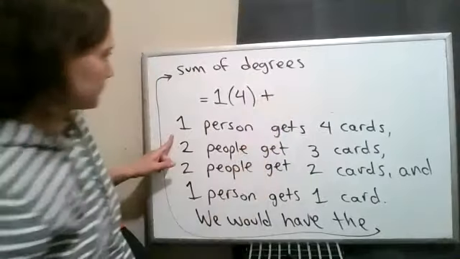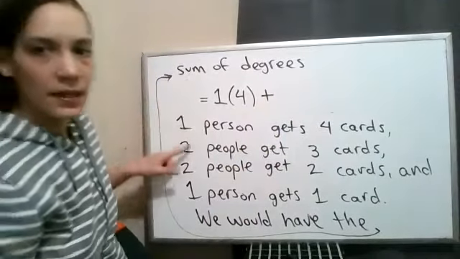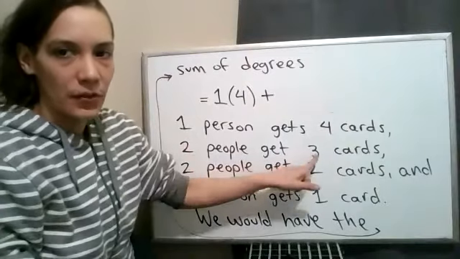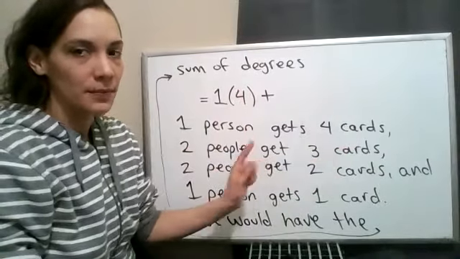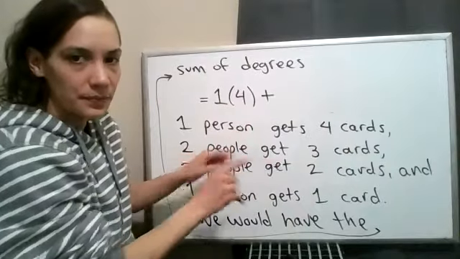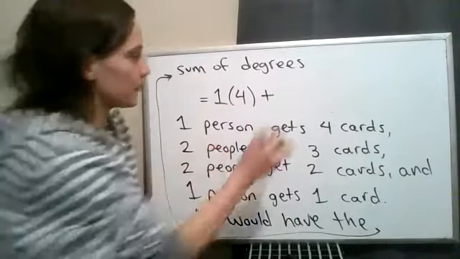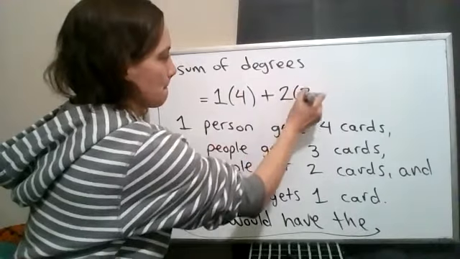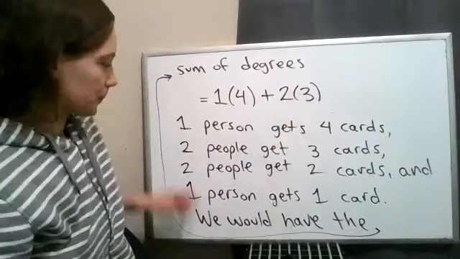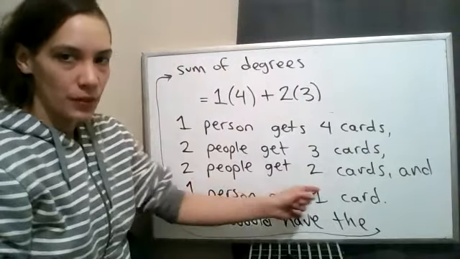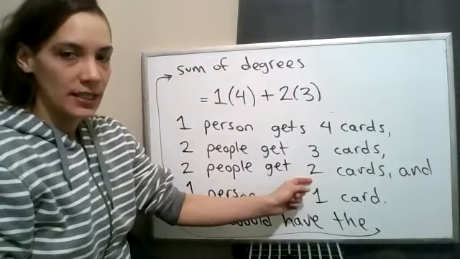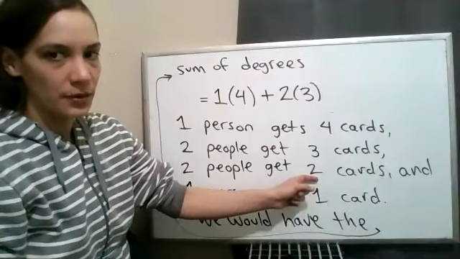Add some 2 people who get 3 cards. So there are 2 vertices that have degree 3, that had 3 connections. Two people or 2 vertices that have 2 cards. So 2 vertices that have degree 2.